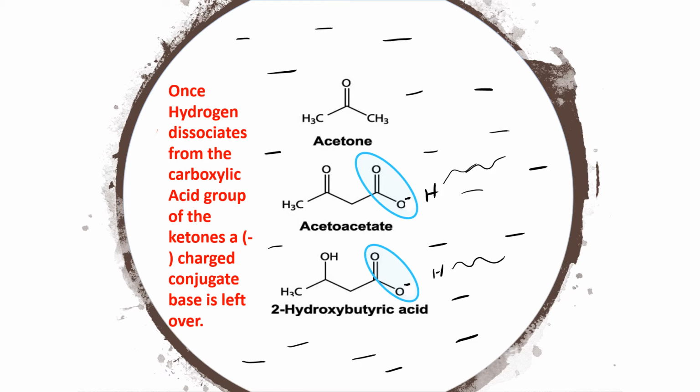So if you remember, by looking at this group right here, there used to be a hydrogen attached to this base, but as you hyperaccumulate ketones, this starts to break apart and you start breaking off these hydrogens off of these bases. And what you have is an excess of hydrogen in the cell, and the hydrogen starts combining and turning into carbonic acid and breaks down further into CO2 and water, and we lose it.